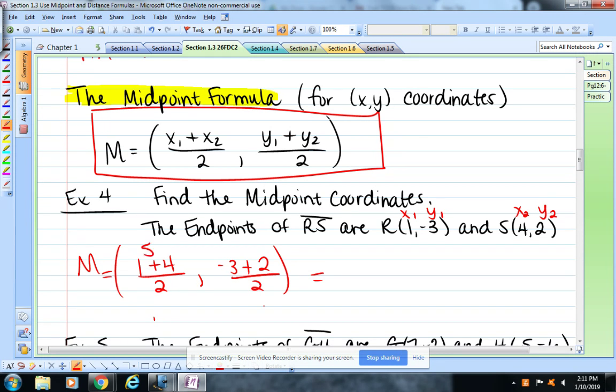And what's negative 3 plus 2? Negative 1, right? So this ordered pair is 5 over 2, and 2 goes into 5 2.5 times, so it's 2.5, comma, negative 1.5. Right? That's it. You add, divide by 2, and add, divide by 2. X is add, divide by 2, your y is add, divide by 2.